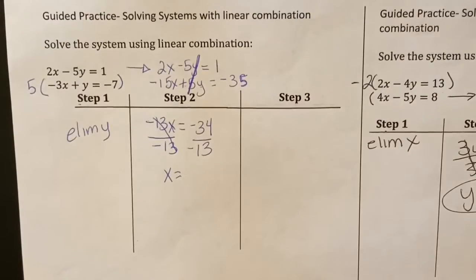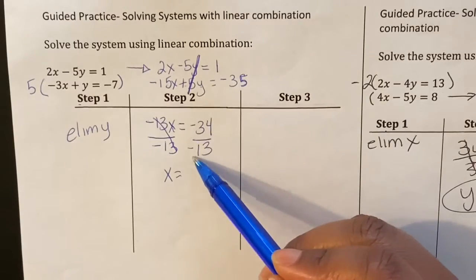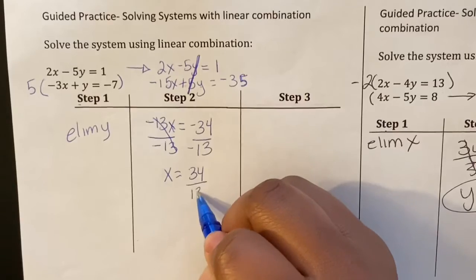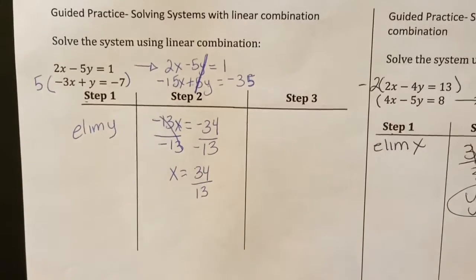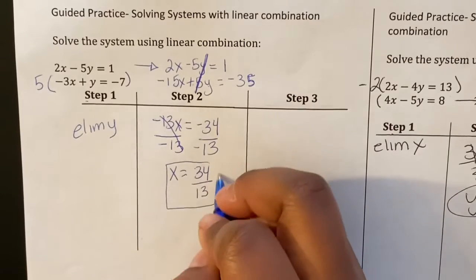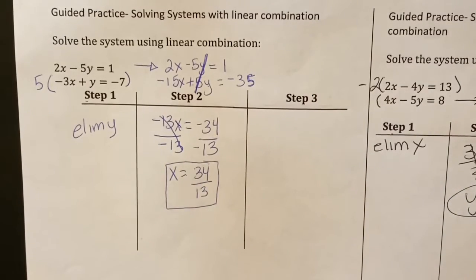What I do know is that negative 34 divided by negative 13 becomes a positive 34 divided by positive 13, because a negative divided by a negative is a positive. So this is my x coordinate. X equals 34 over 13. This is why I said this is tricky. So if you had an issue with this problem, I totally understand, and I do apologize that I made it so tricky. Okay.